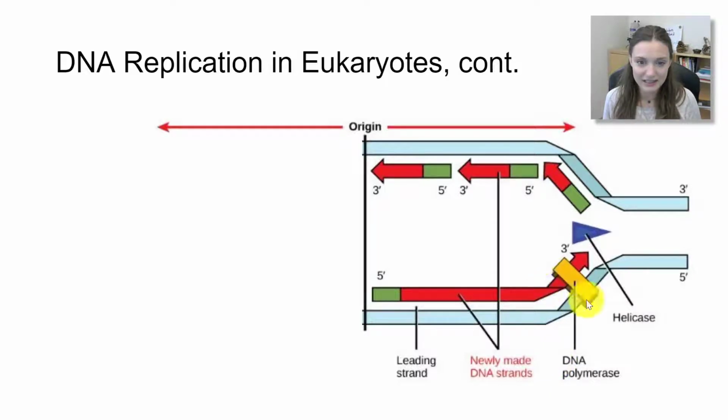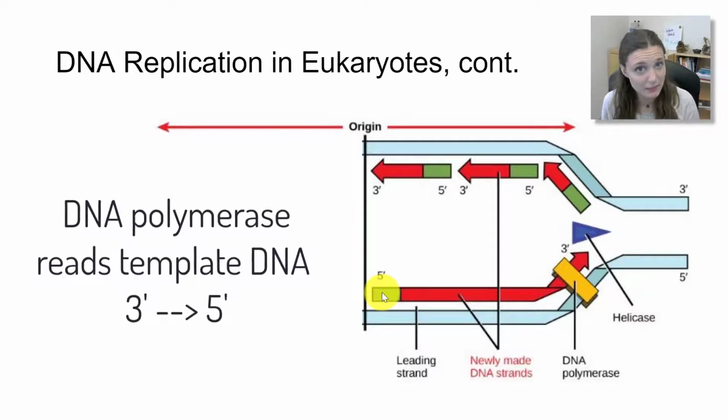So DNA polymerase, this enzyme right here, if we zoom back in time, would have started right here. It would have attached first to this RNA primer, and then it can only read the DNA molecule. DNA polymerase can only read the original DNA moving from the 3' end over here, reading along that, moving towards the 5' end.